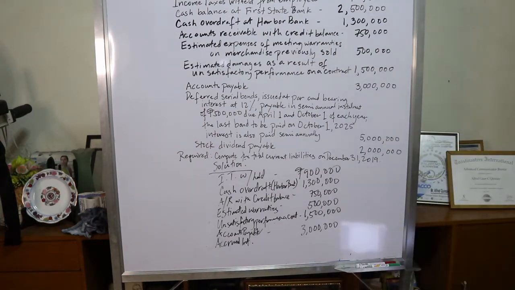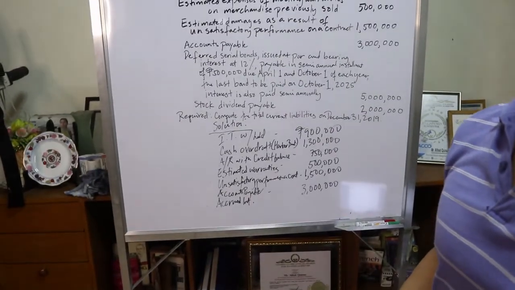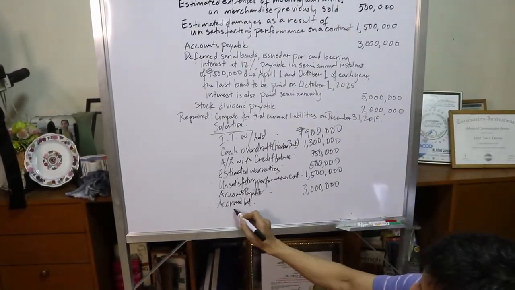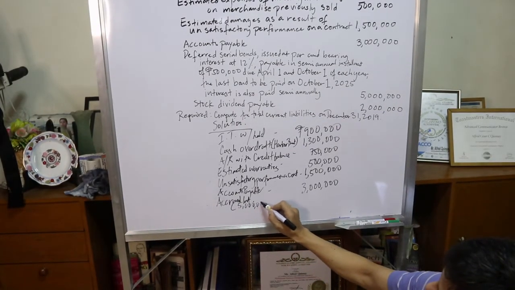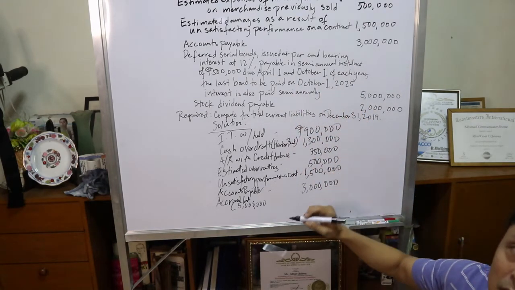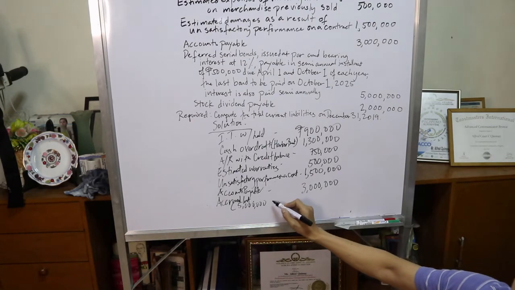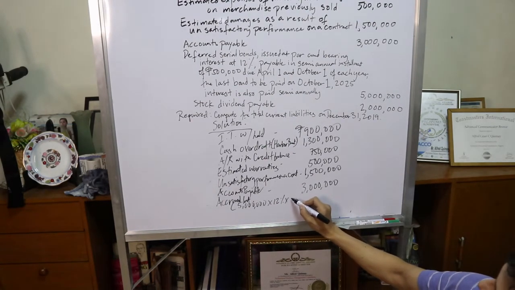Okay, kukunin ko yung calculator ko for this. So this would be 5 million. So lalagay na lang natin dito. So medyo i-bend natin ng konti. Yan. So this would be 5 million, which is the face amount of the bond. Multiply this by 12% and 3/12.